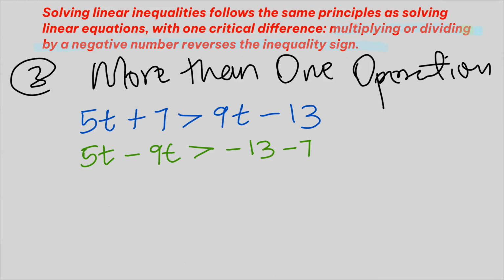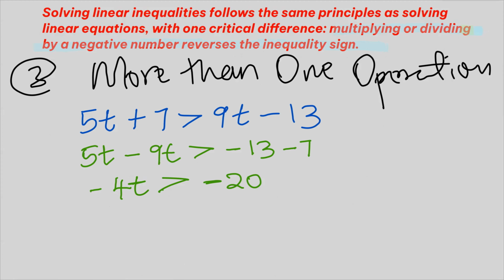The next thing is now let's subtract 5t minus 9t. 5t minus 9t is a negative, so we are going to have a negative 4t here. Negative 4t, and then let's maintain our sign, and then negative 13 minus 7 is negative 20.